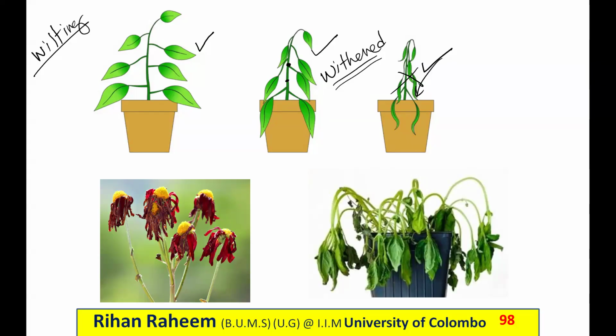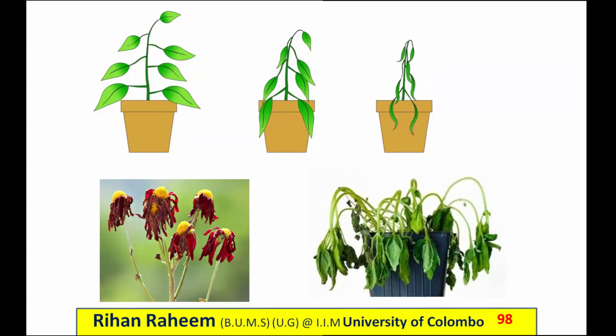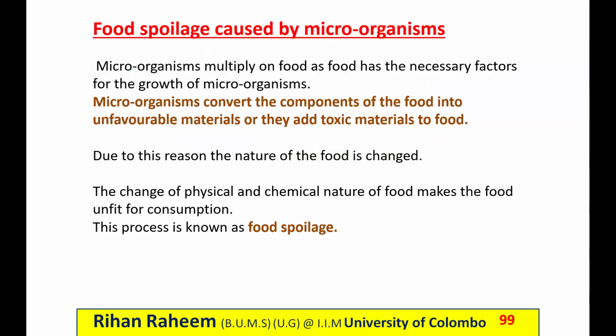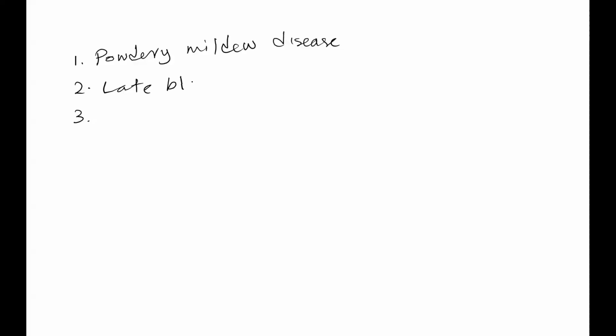Powdery mildew. In page number 12, at the top, you have a space, no? There you have to first write the three names. Powdery mildew disease, late blight, and the other one is wilting.